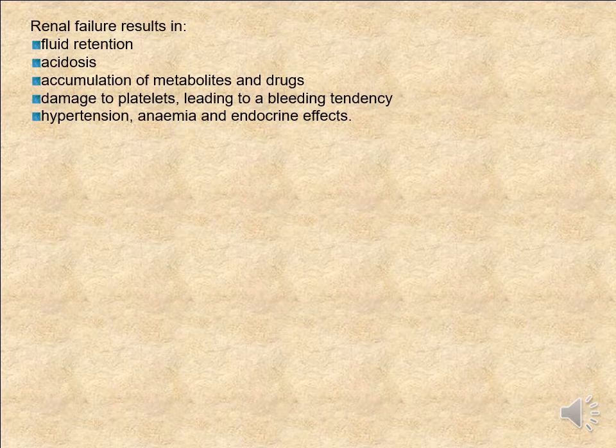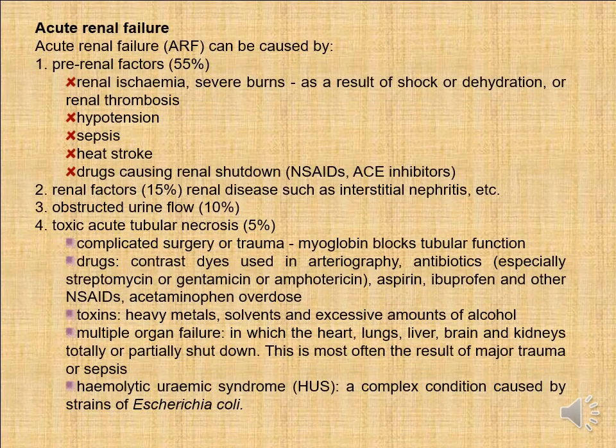Renal failure results in fluid retention, acidosis, accumulation of metabolites and drugs, damage to platelets leading to bleeding tendency, hypertension, anemia, and endocrine effects. In acute renal failure, the etiological factor is pre-renal, about 50%.